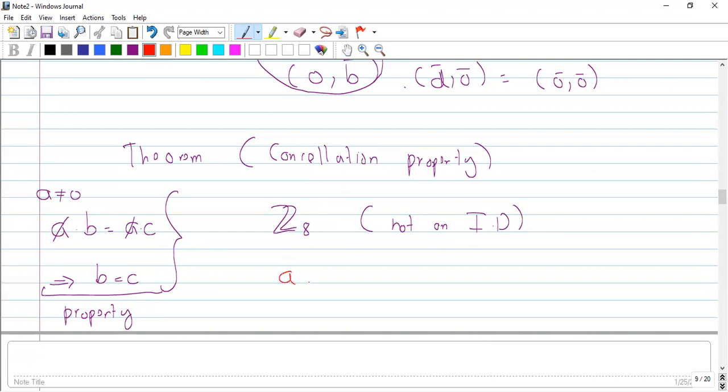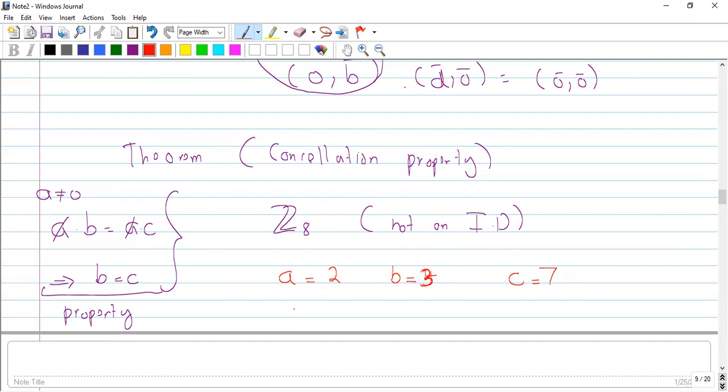So for example, यहाँ पे आप क्या ले लें, a को आप 2 ले लें, b को 4 ले लें, और c को इस तरह, 2 टाइम्स 3, अच्छा चलेगा, 2 टाइम्स 3, b को 7 ले लें, ओके.